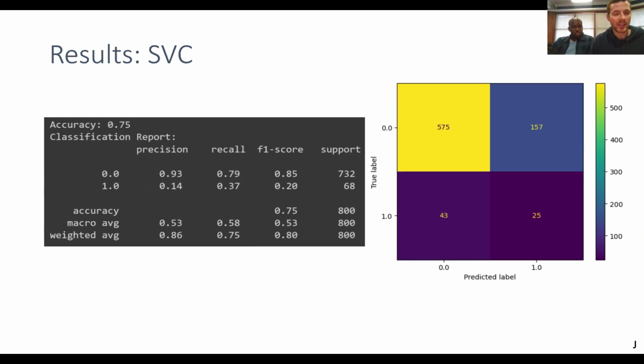Now, on the testing data set, I had an overall accuracy of 75%. However, it did not perform as well as I wished. Out of the 68 people that purchased the book, only 25 were actually predicted to have purchased the book. That really isn't optimal since it's below 50%. It's worse than just best guess. But still, this is the best model that we have on the testing data set.